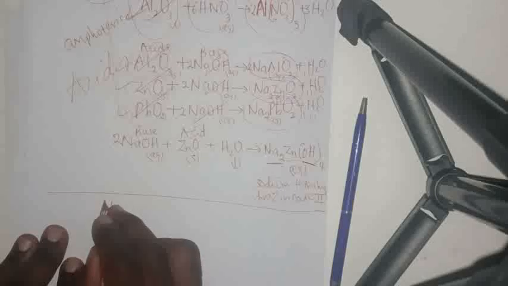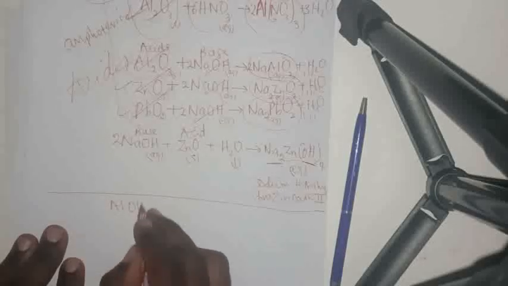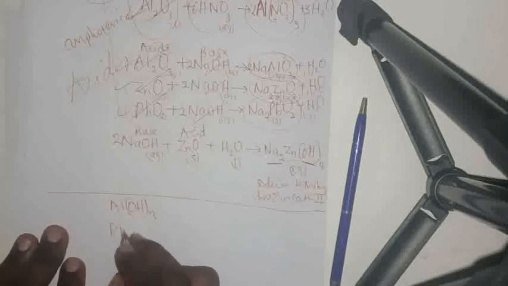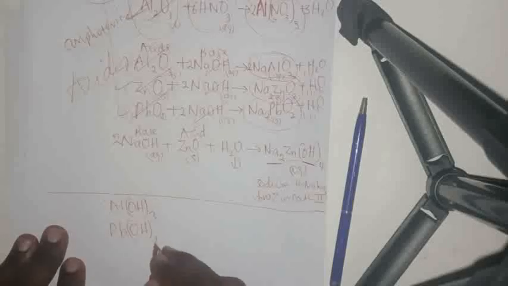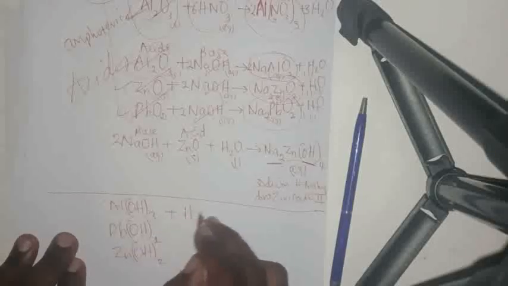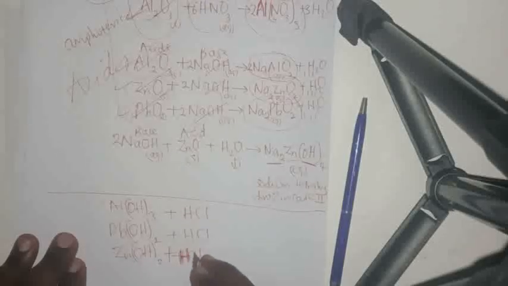So you have aluminium 3 hydroxide, lead 2 hydroxide, and zinc 2 hydroxide. They are behaving as bases. So you can react them with hydrochloric acid, so that we can end up having this. So this is hydrochloric acid. So we shall have aluminium 3 chloride plus water.